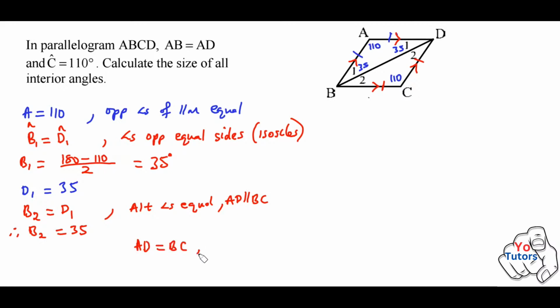Why are we saying AD is equal to BC? Opposite sides of a parallelogram are equal. So now we can also, since these two are equal, say DC is equal to AB.